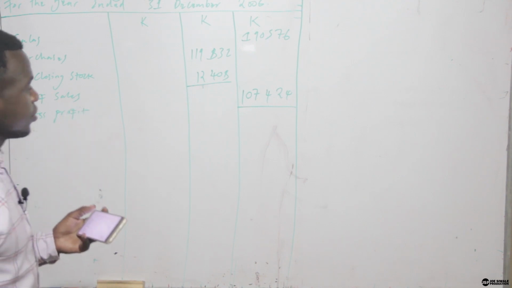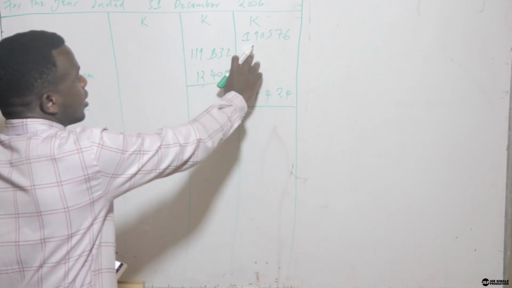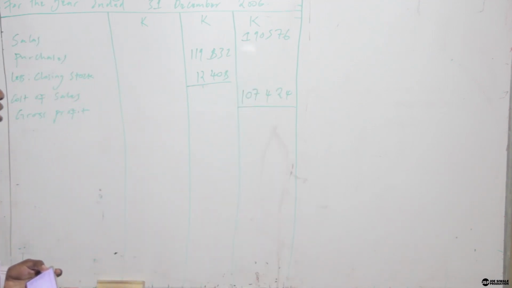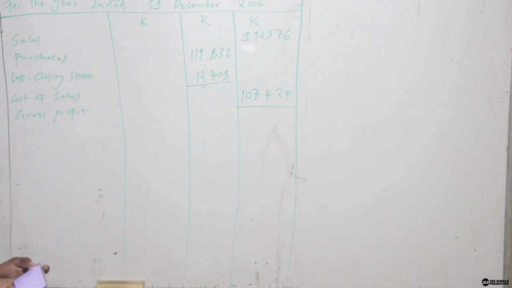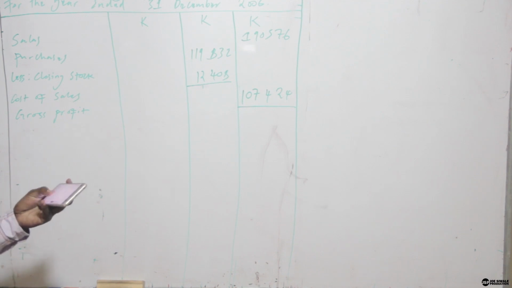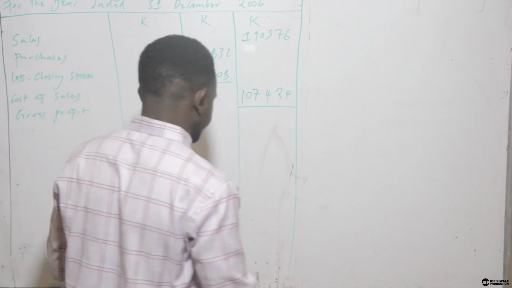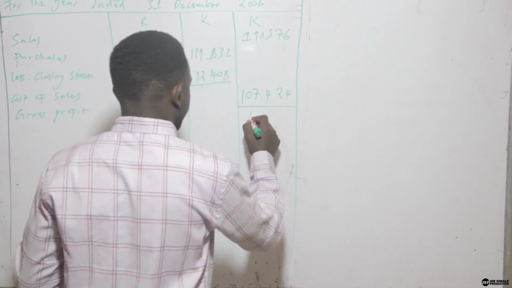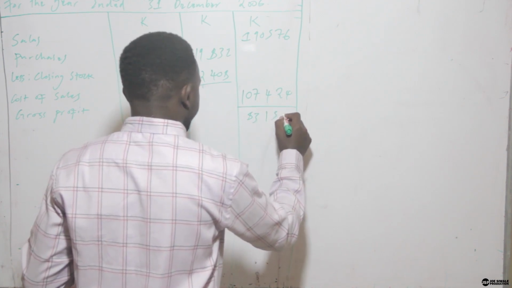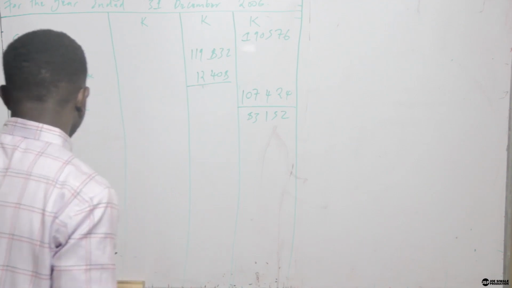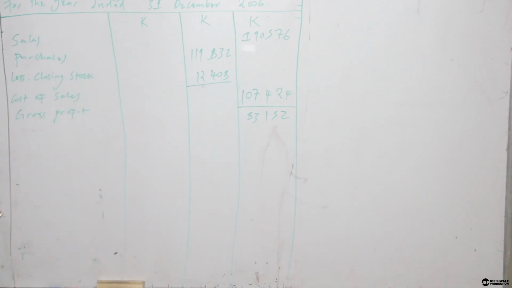And to find our gross profit there, we're going to say 190,576 minus 107,424, and the answer there, we're going to have 83,152. So that's going to be our gross profit.